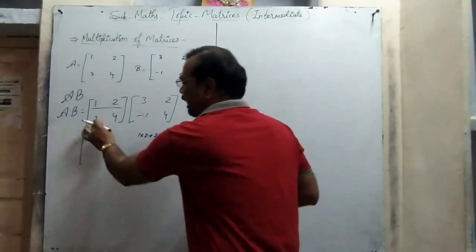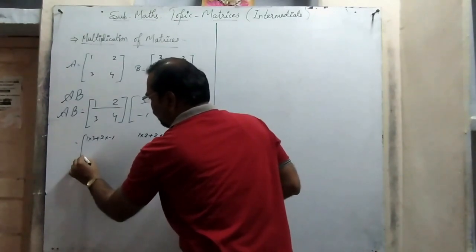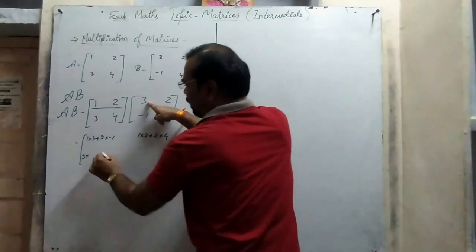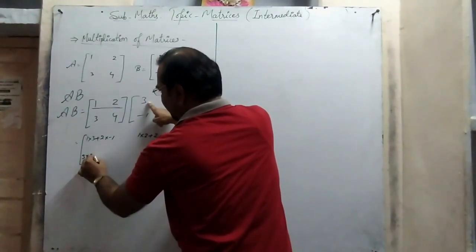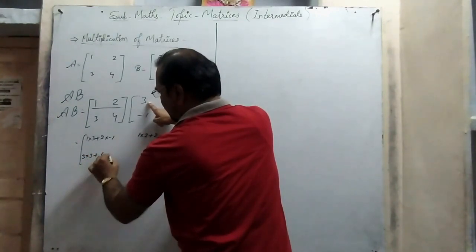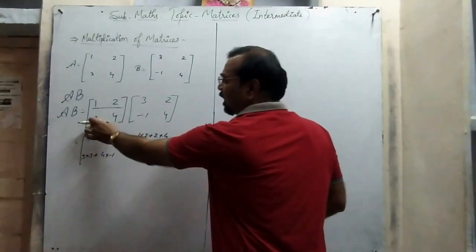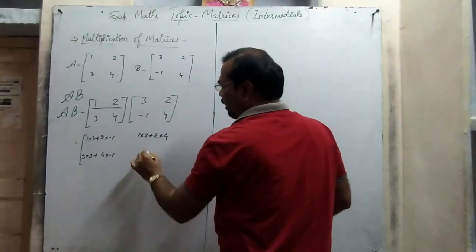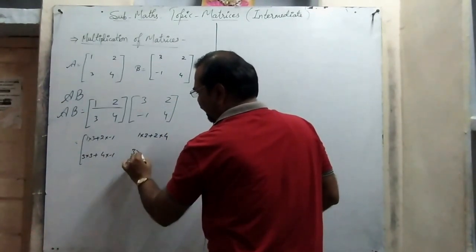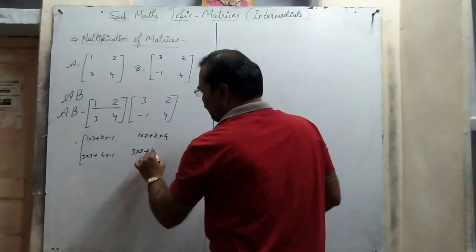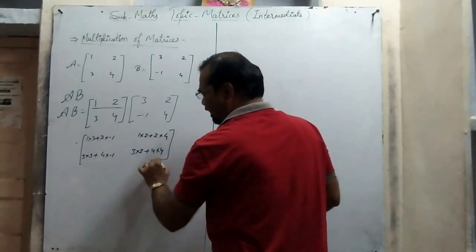Again, the second row is multiplied by the first column, means 3 cross 3 plus 4 cross minus 1. Then the second row is also multiplied by the second column, means 3 cross 2 plus 4 cross 4. Understand?